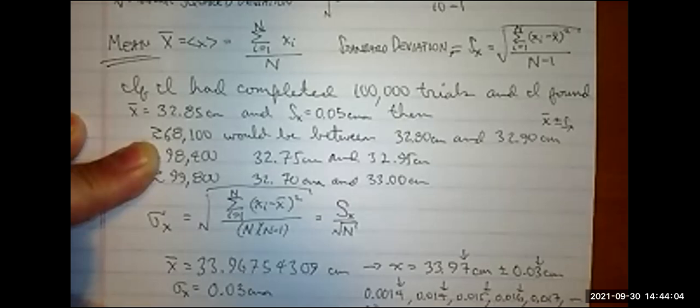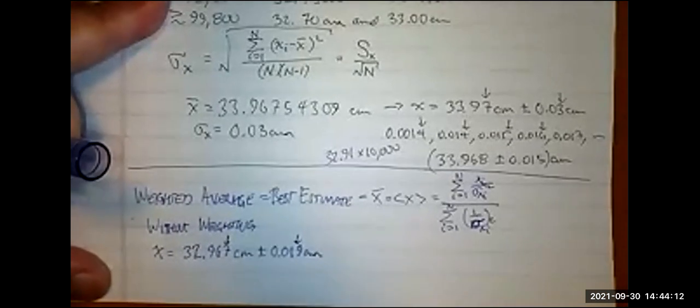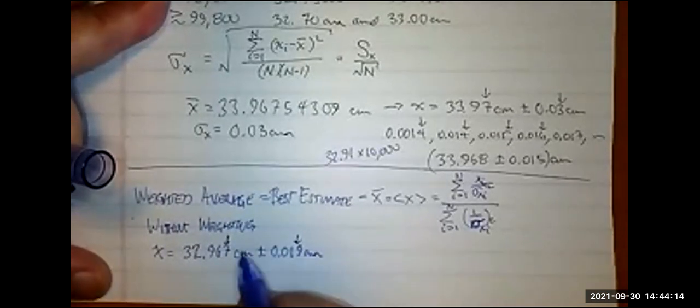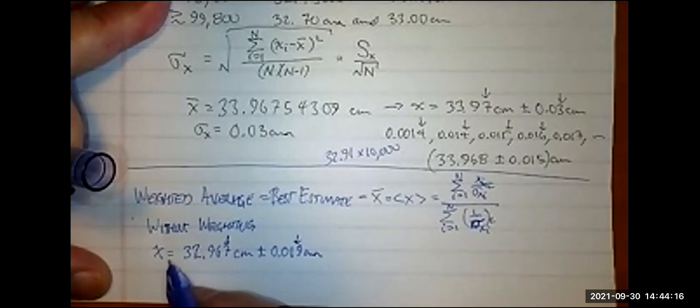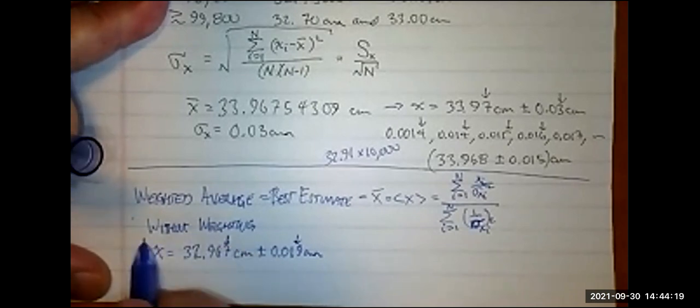And the key thing to notice is this 9 lines up with this 7. Oh, I'm writing that outside the page. Sorry about that. The key thing to notice is this 9 lines up with this 7. So that's what I got without weighting.